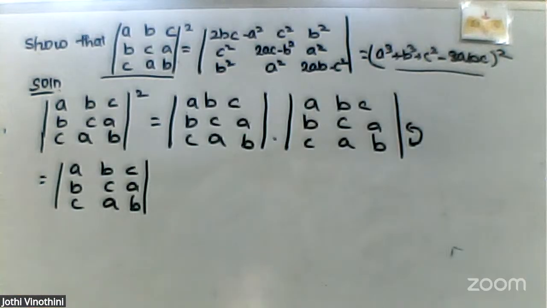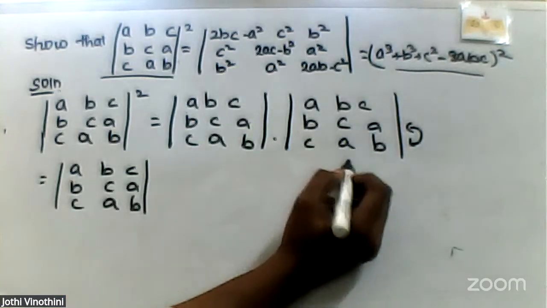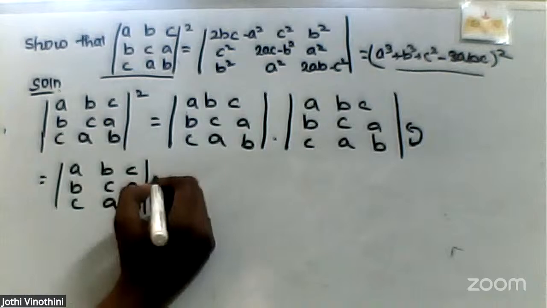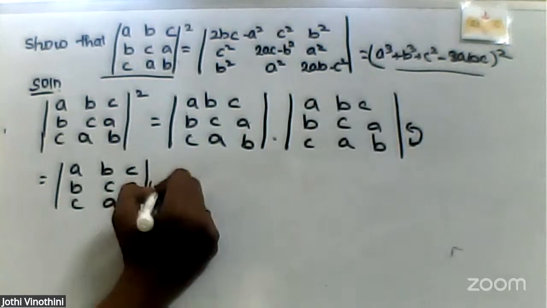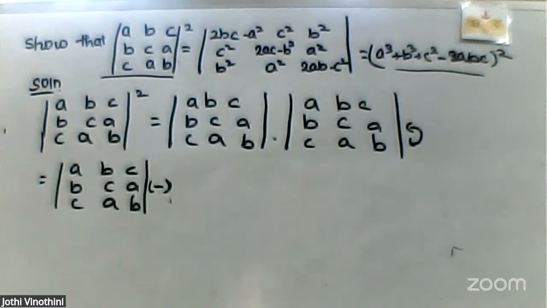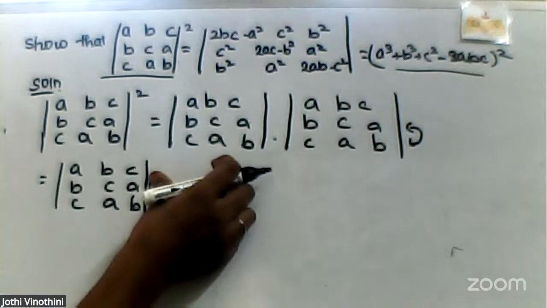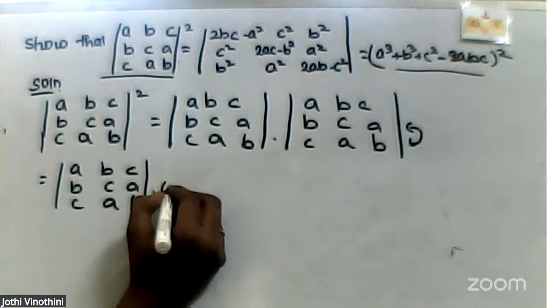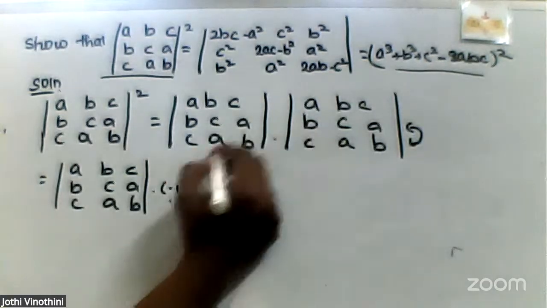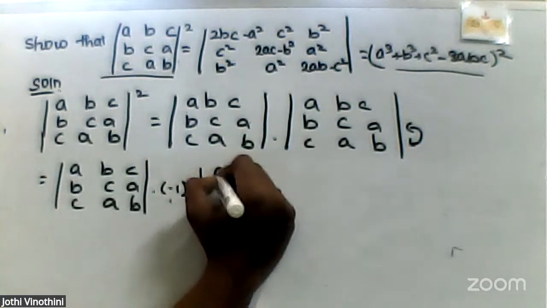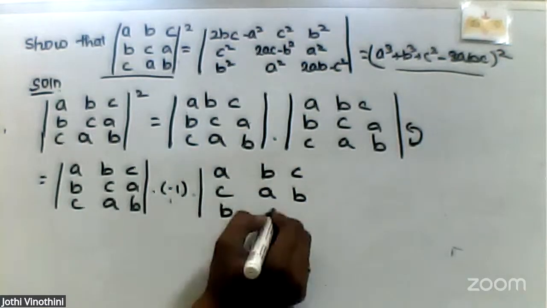We are just interchanging the rows. While interchanging, we have to add a minus 1 in the matrix, right? See, it is also in multiplication. This matrix multiplied by this minus 1. So we are interchanging these rows, so it becomes A, B, C, C, A, B and B, C, A.